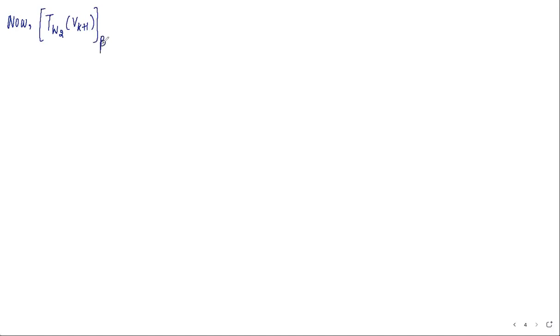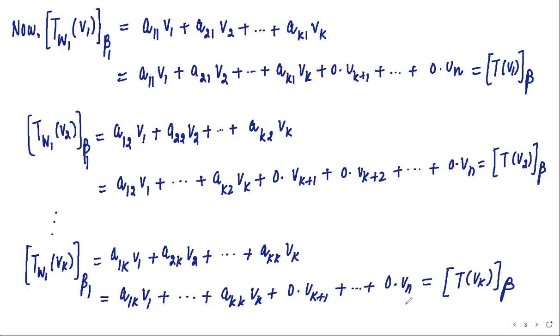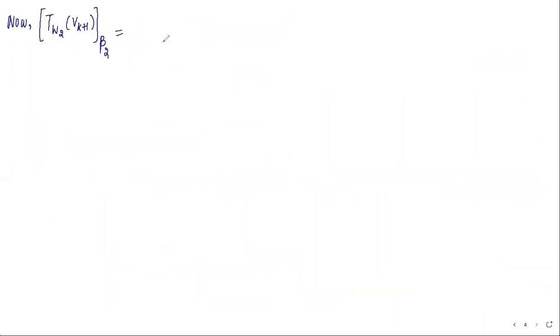Now this can be written as, here we had written A1k up to Akk. Now this is A k plus 1, k plus 1, which is a scalar, times Vk plus 1. This is an element of the vector space W2, because again W2 is T invariant, so this restriction TW2 is a mapping from W2 into W2.